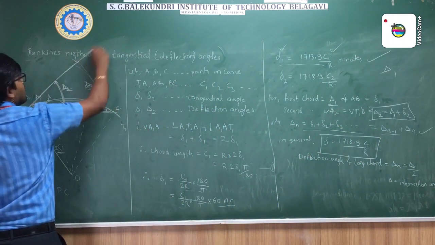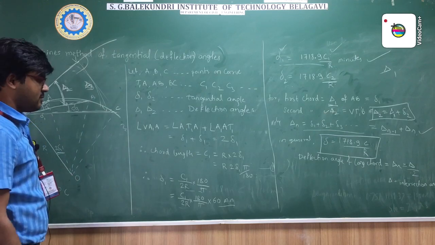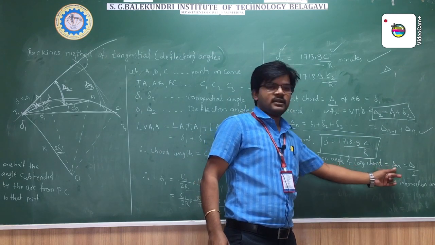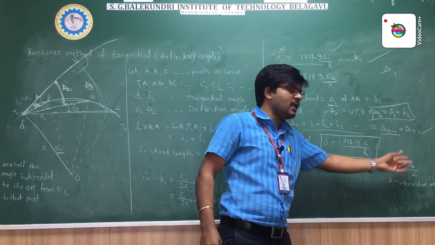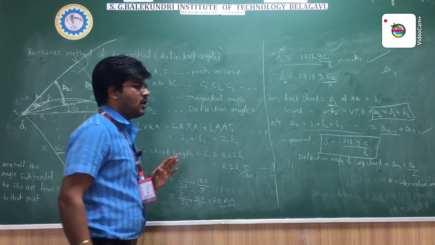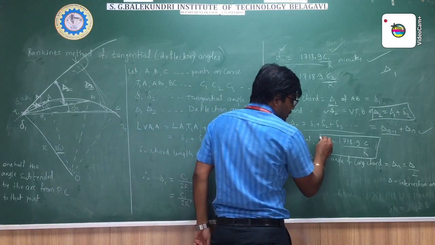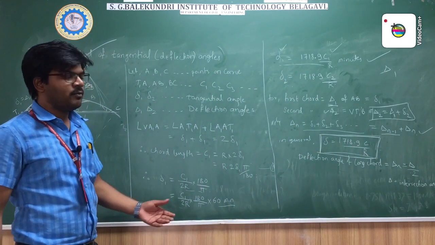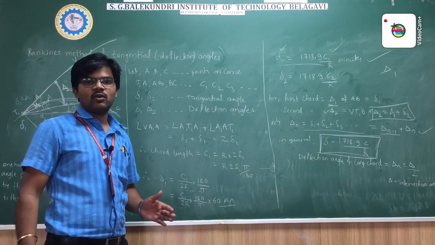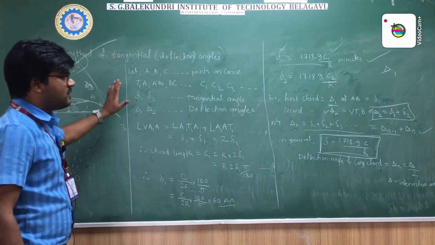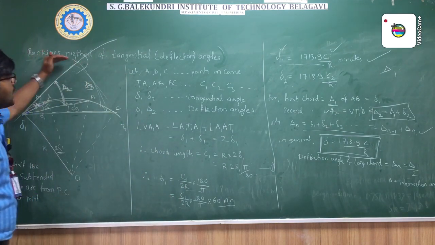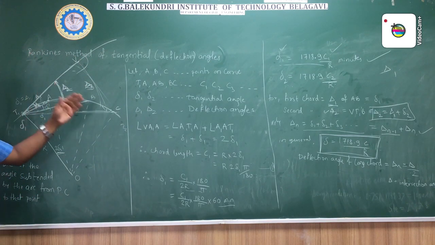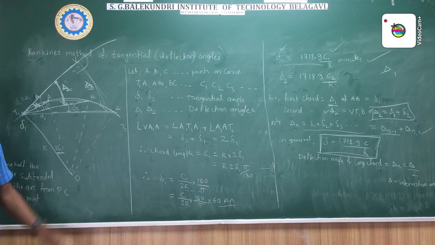The last deflection, delta n, will be half of the deflection. With this expression we can solve many problems on Rankine's method of deflection. Yes, this is the expression for Rankine's method of tangential angles. I hope this is clear. Take 2 minutes and go through these steps.